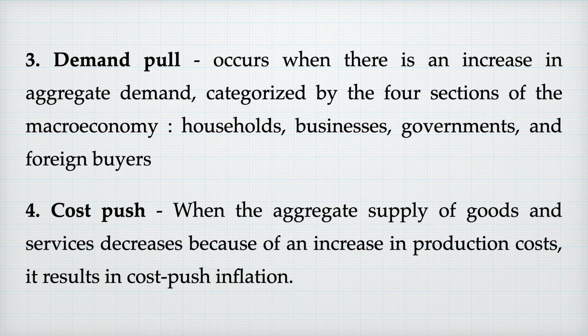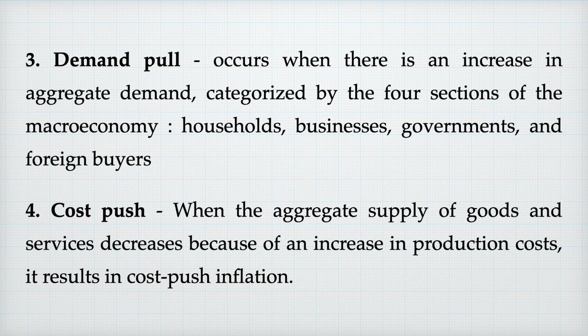The third and the fourth are very important causes of inflation. The third one is demand pull. It occurs when there is an increase in aggregate demand, categorized by four sections of the macroeconomy, that is the household, business, government and the foreign buyers. Demand pull occurs when there is an increase in aggregate demand.